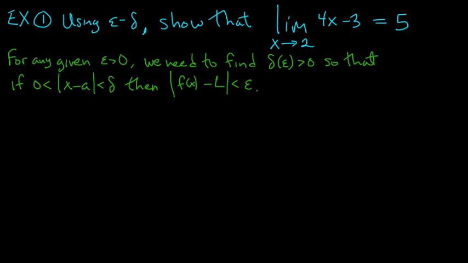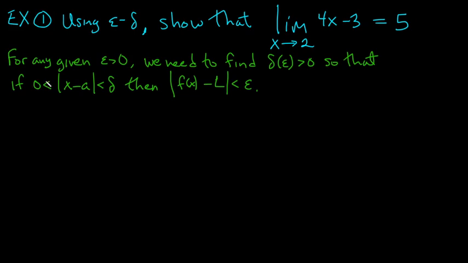For any given epsilon, we need to find a delta, possibly one that depends on epsilon, so that if the absolute value of x minus a is less than delta, then that guarantees that the absolute value of f of x minus L is less than epsilon. That's the precise definition of a limit.